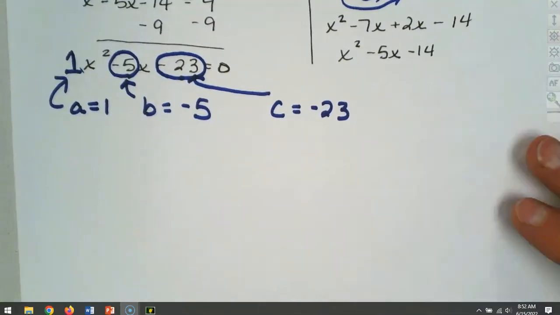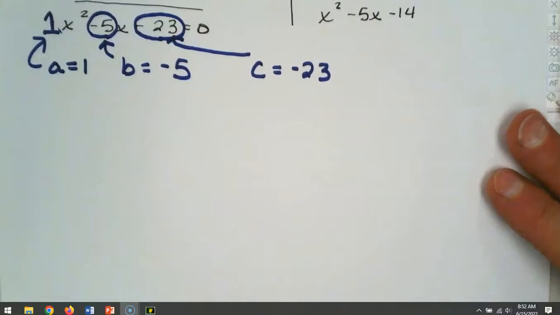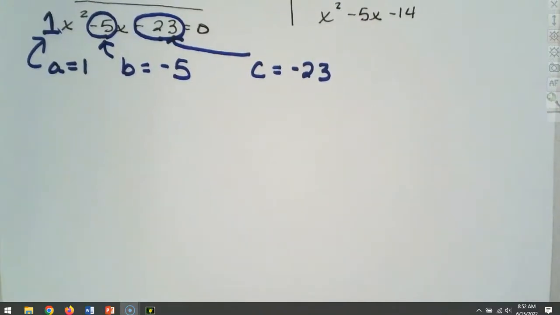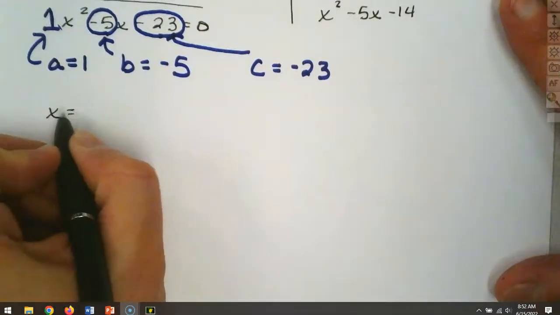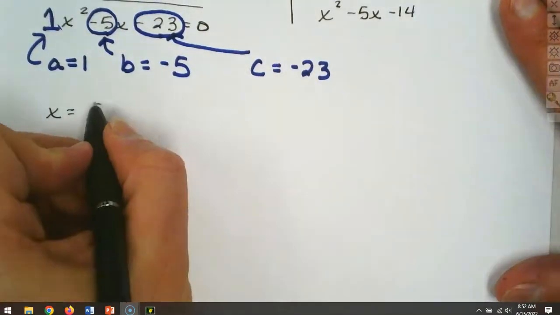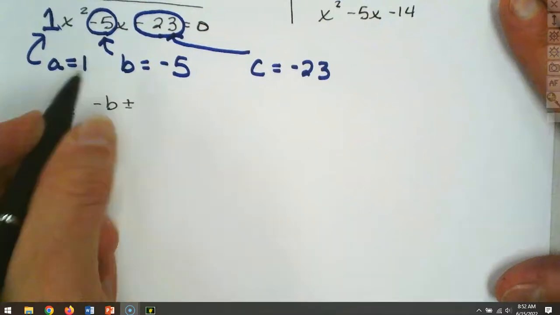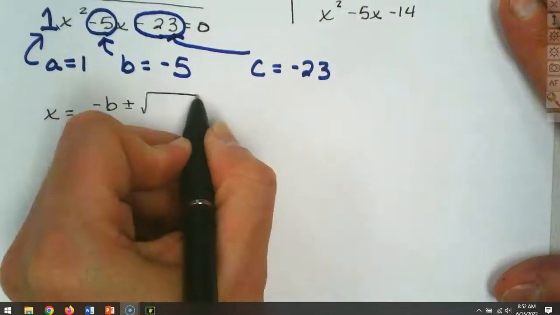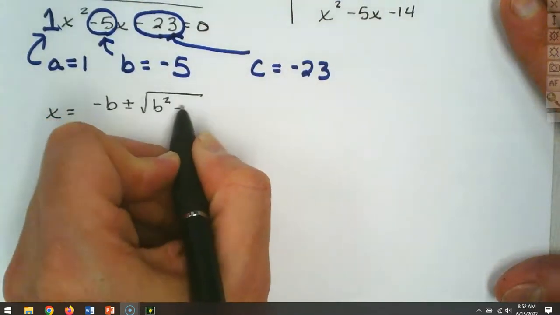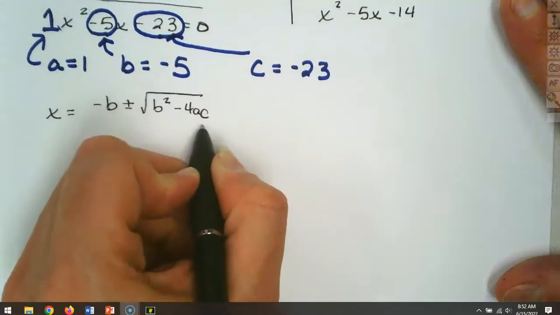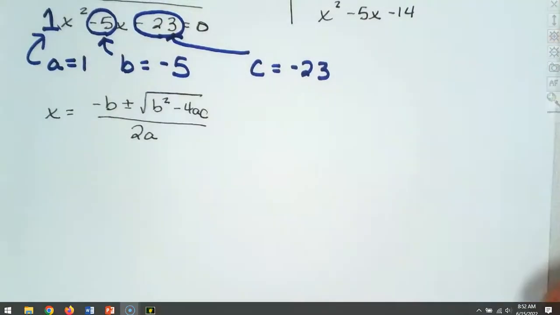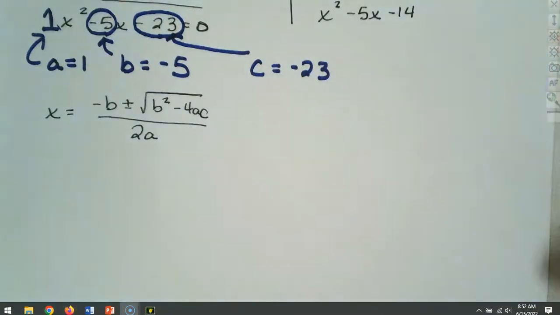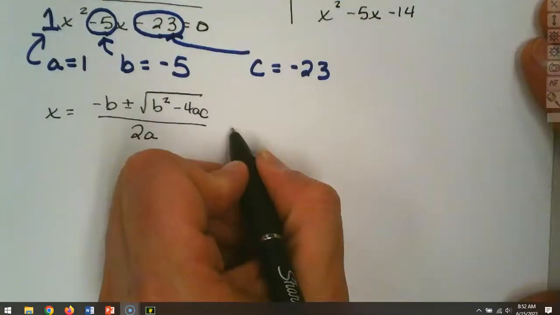Now we want to apply our quadratic formula. So what I always do is I write up the formula. That way we have it right in front of us to look at. And our quadratic formula is x equals minus b plus or minus the square root of b squared minus 4ac, all over 2a. Okay, so that's what we generally do, we just write up our formula and then we fill it in. So let's go ahead and fill it in.